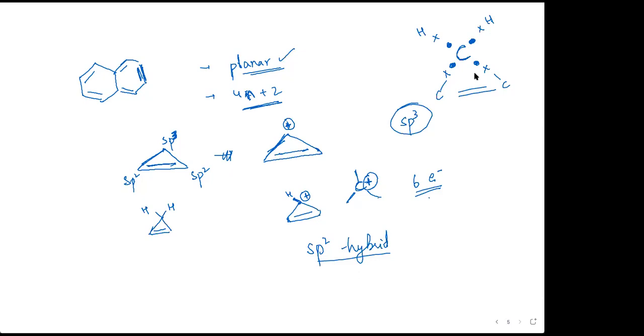Now this hydrogen, when it left, it took away both the electrons. So originally जो 4 electrons थे carbon के पास, it lost one of them, which is where the positive charge is coming from. Because it is missing one of its own electrons.